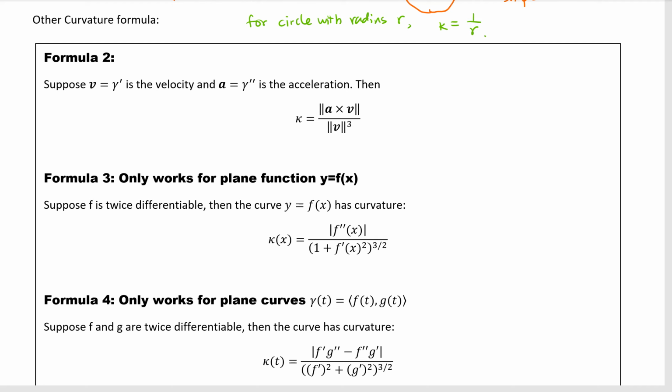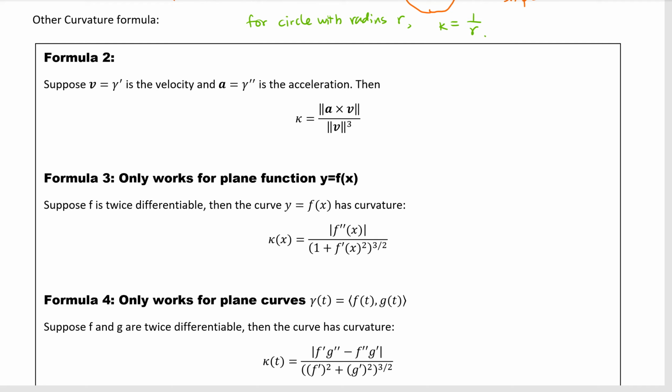If we have a plane function y equals f of x, suppose f is twice differentiable, then the curve has the curvature: we use the second derivative, take the absolute value of that, divided by 1 plus the first derivative squared, and that quantity to the 3/2.